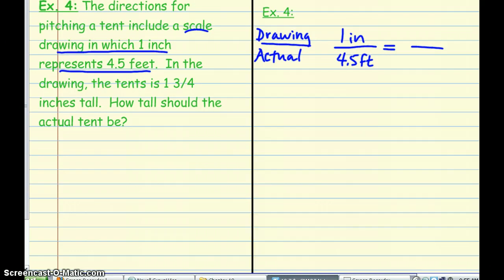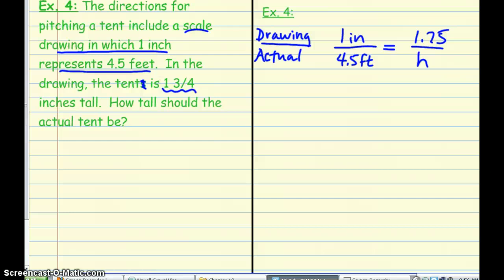Then it tells me in the drawing that the tent is 1 3/4 inches tall, and I'm going to change that to a decimal: 1.75. And the question is, how tall should the actual tent be? We are looking for the height of the tent, so I'm going to pick the letter H to represent that.